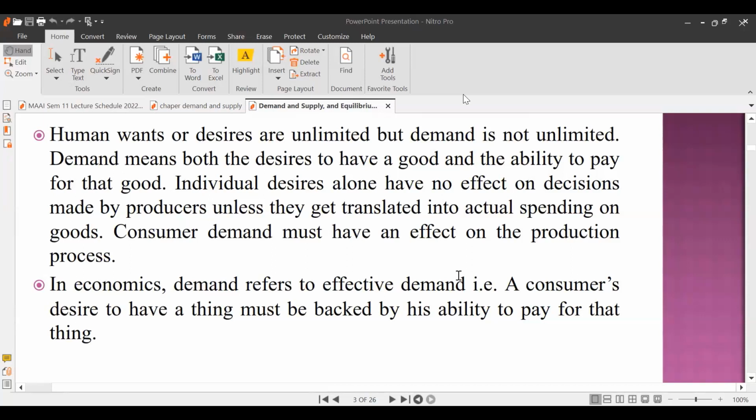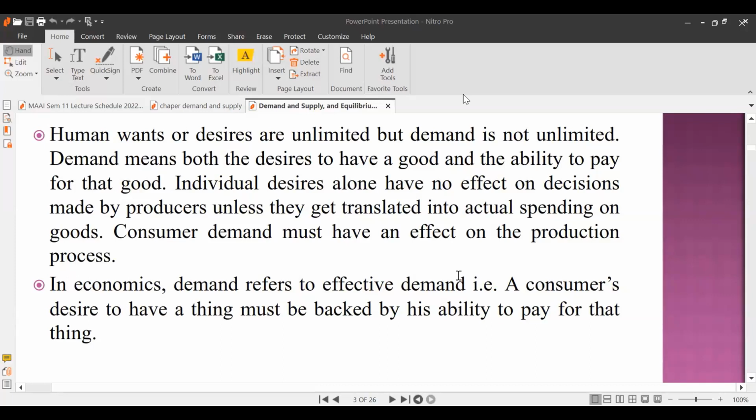Being consumers, we may have different desires, because you know that we have unlimited wants. Even though we satisfy one want, another will arise.